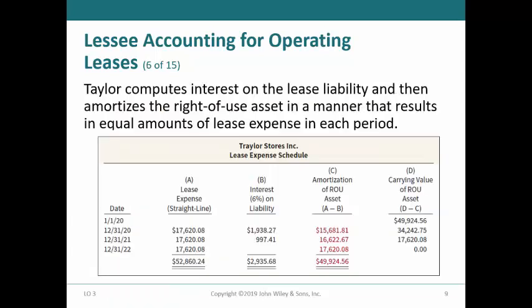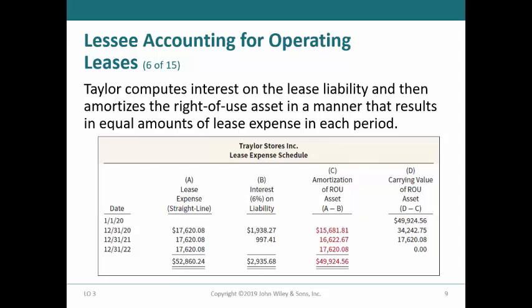Now we have a new schedule that looks similar to the amortization schedule, but this is actually the lease expense schedule. As we stated earlier, operating leases differ from finance leases in that there is a single lease expense recorded each year that is equal.